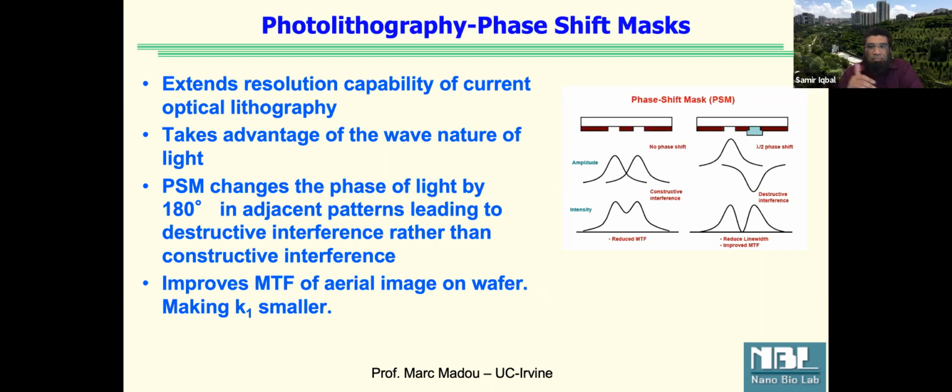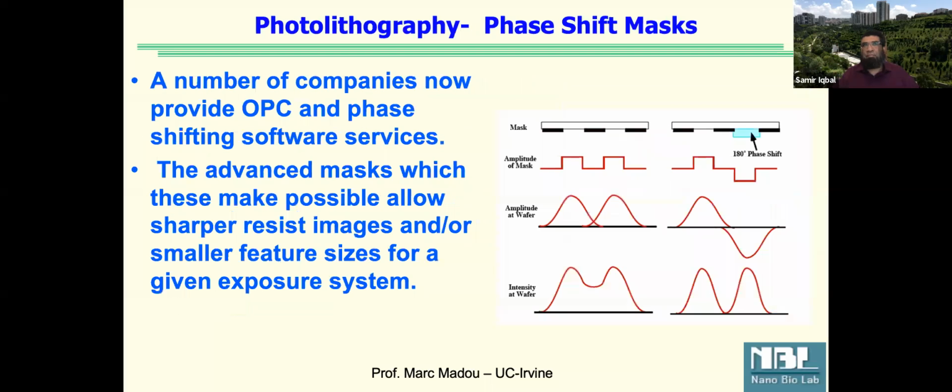So far with me? I know it's lots of visualization, and I'm hoping that I can help you visualize what's happening here. Those phase shift masks basically change the phase of light from one opening on a mask to the next opening. Hence, those two features can be translated much more effectively, right?